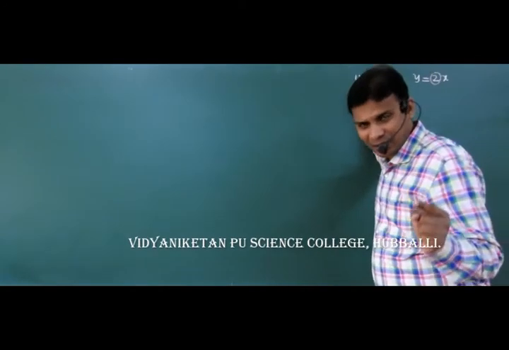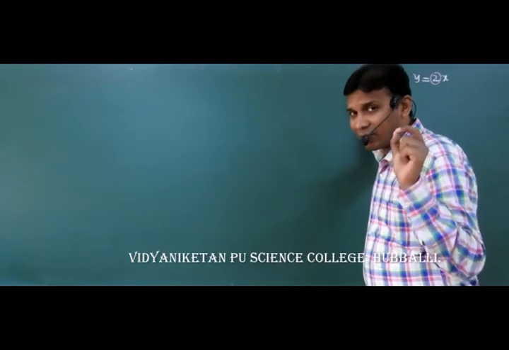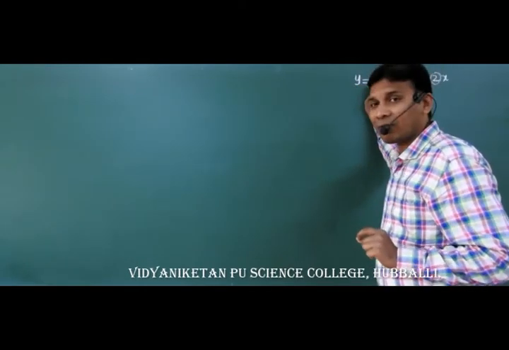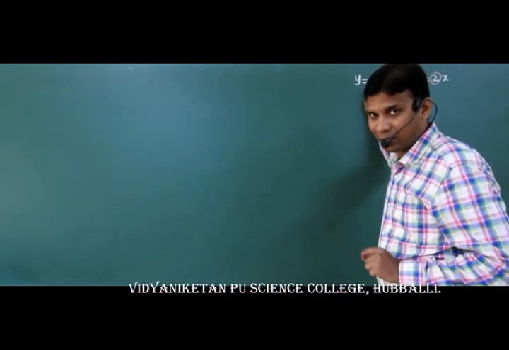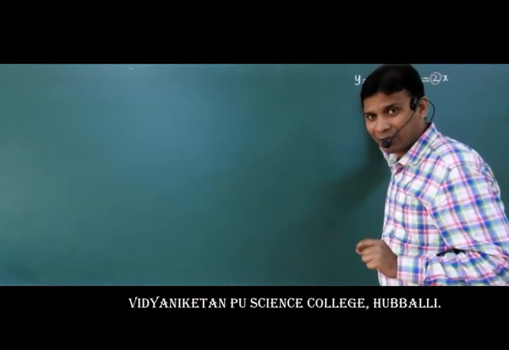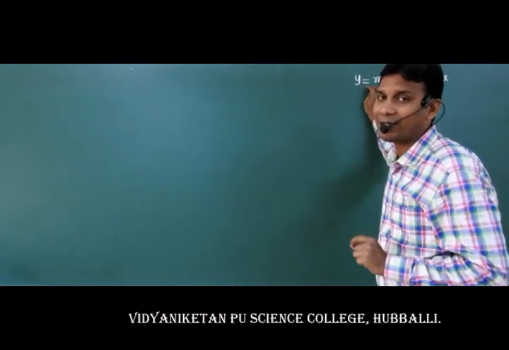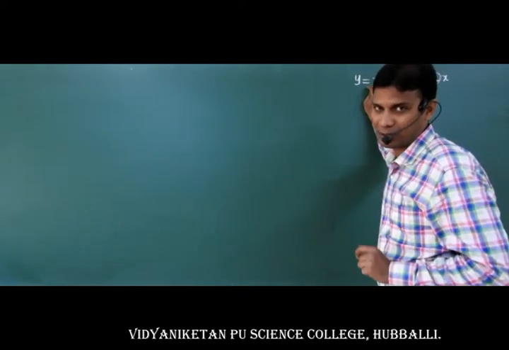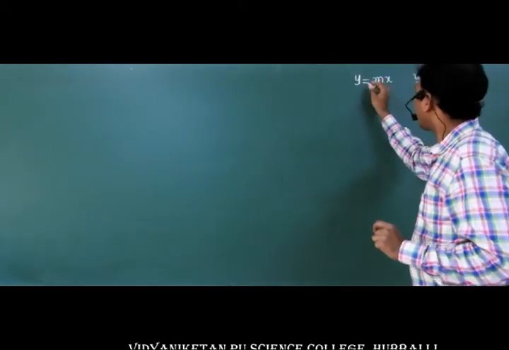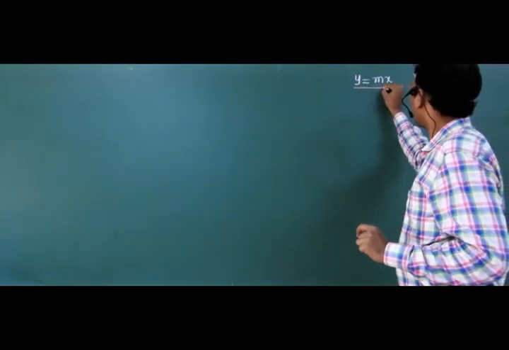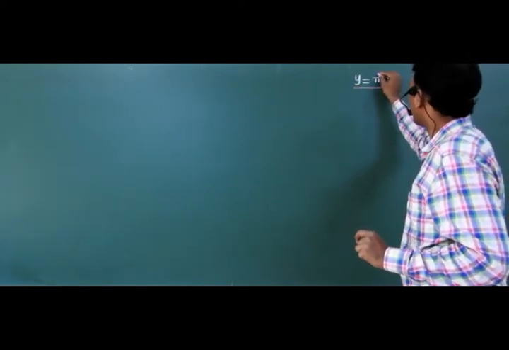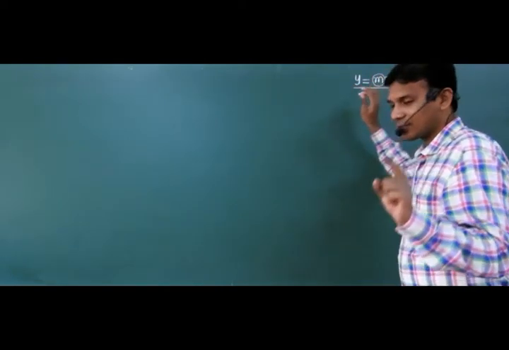So in physics, if any formula is in the form of y is equal to mx, what is the nature of the graph? The graph is a straight line passing through the origin. Right? So for a given equation y is equal to mx, the slope is always constant.